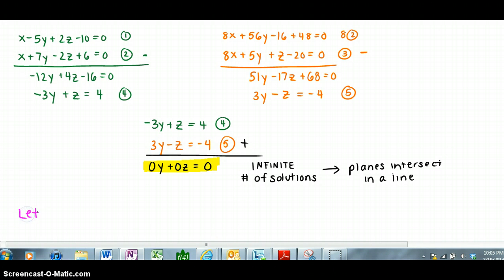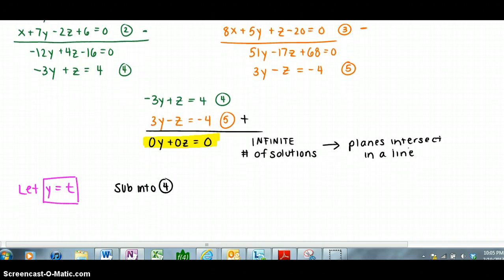So let's let y equal our parameter t. And then we'll sub that into equation 4. Negative 3t plus z equals 4, and just solve that for z.